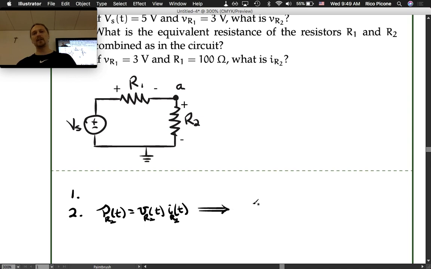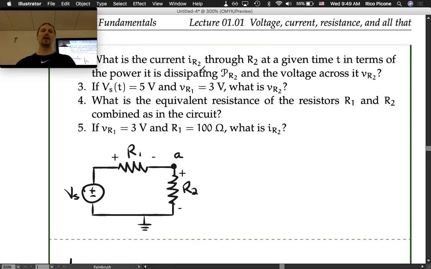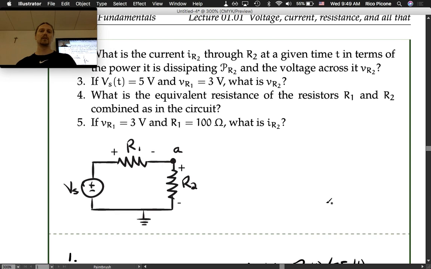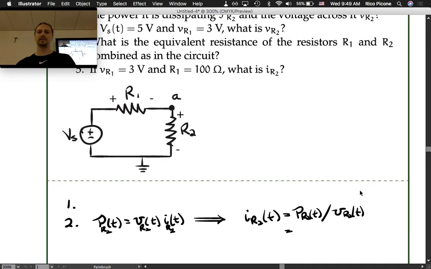This implies that if we want to know the current, IR2 equals PR2 divided by VR2. Is that clear? Any questions on that?